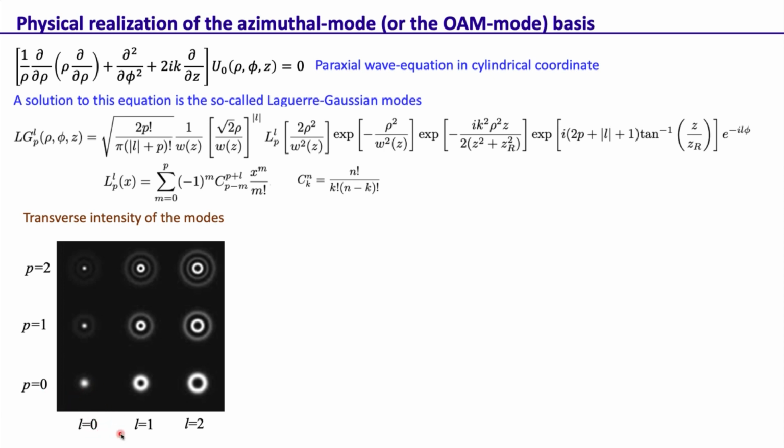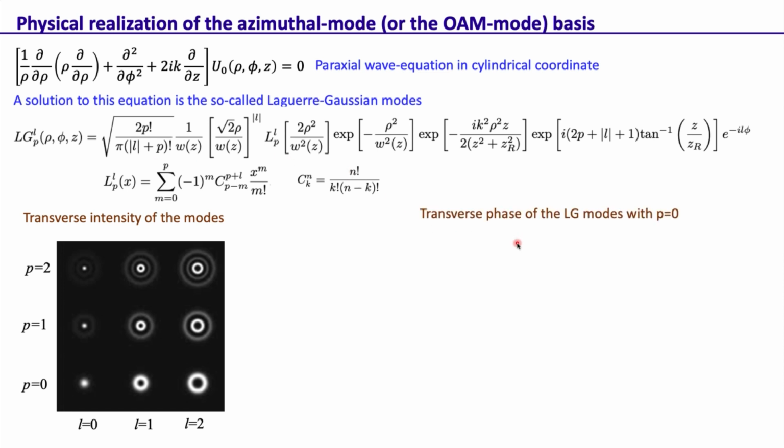For P equal to 0, L not equal to 0, it's just like a donut mode, and if we increase the L value at a given P equal to 0, the size of that donut just increases. Now at a given L, if we increase P, then the number of rings basically increases. So with L equal to 2, P equal to 2, we have 3 rings here, and that's the transverse intensity profile of this mode.